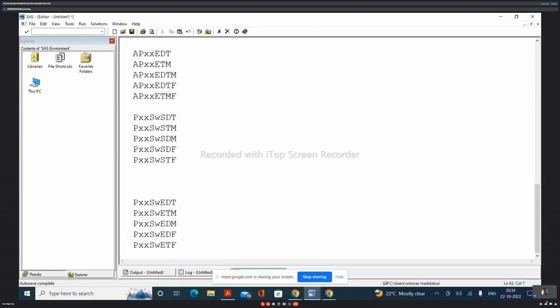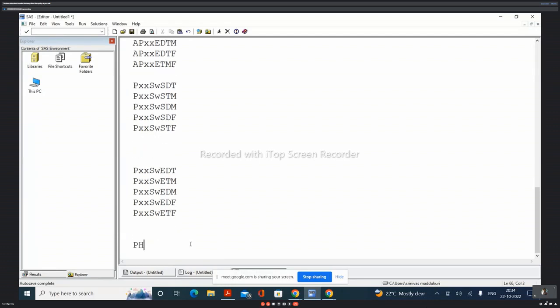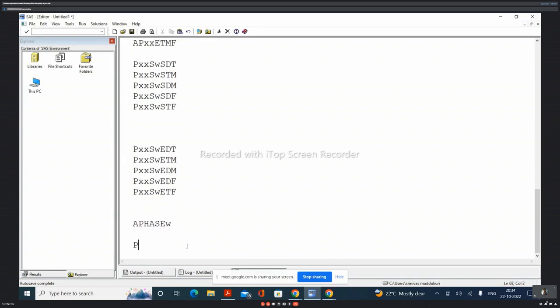Okay. Now, within the subperiod, we can have a phase. How many phases can we have? I don't remember. If I say W, how many phases can we have? 9 phases. So we can have analysis phase. Now we are going to have PHW SDT, phase 1 start date, PHW STM, phase start time.